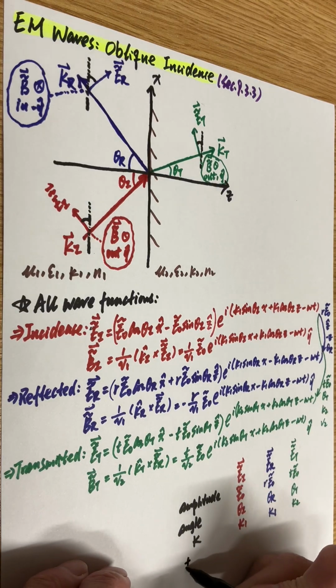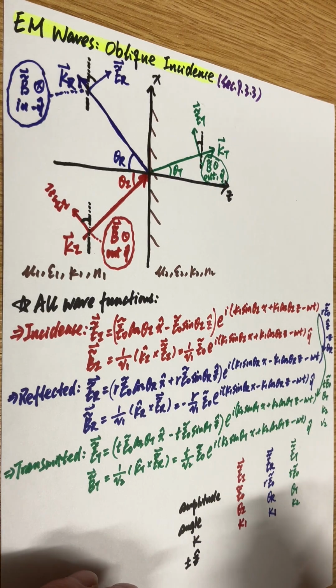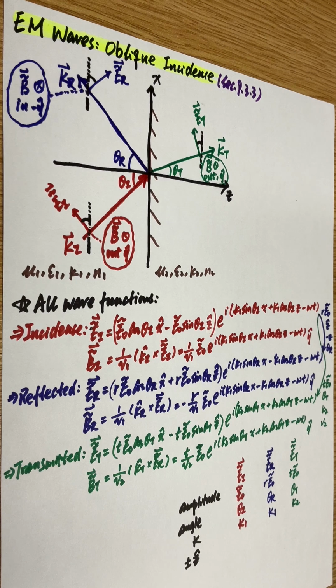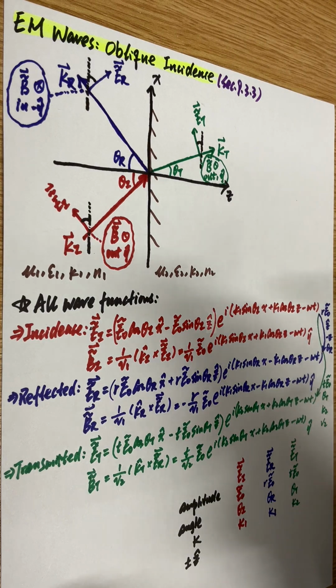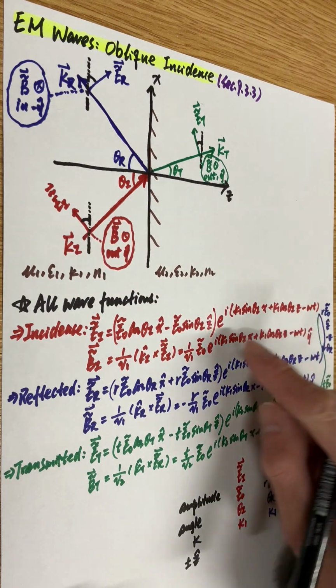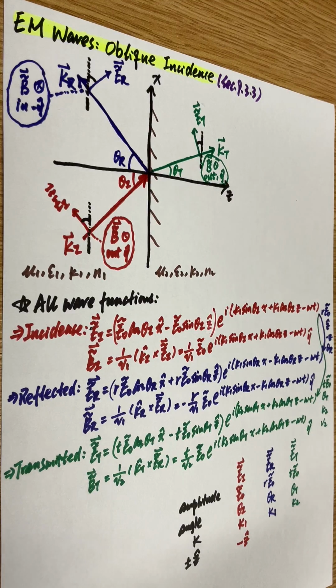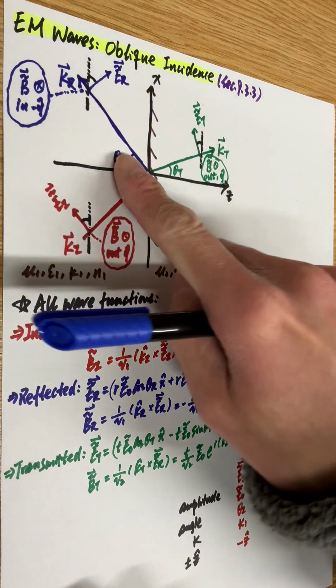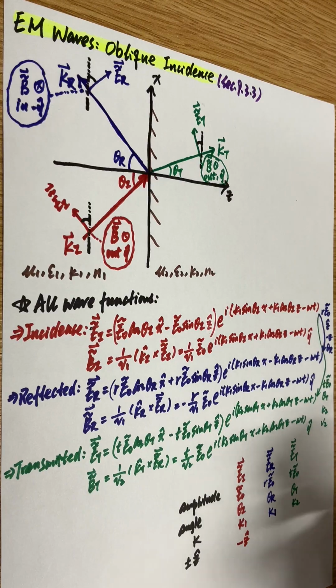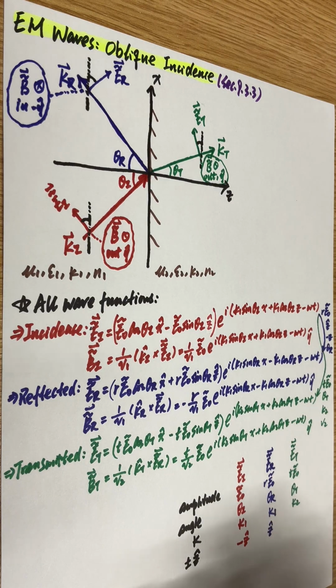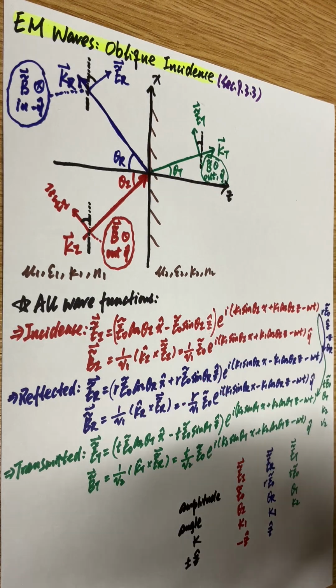So the sign of the polarization component Z: here we have negative Z, and then here we would have positive Z, and then here we will have negative Z again.